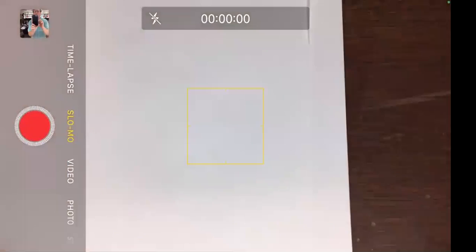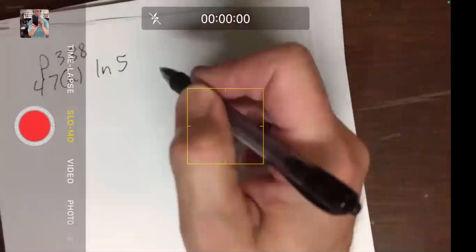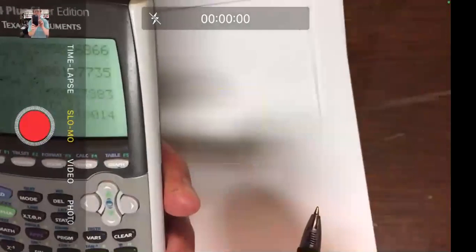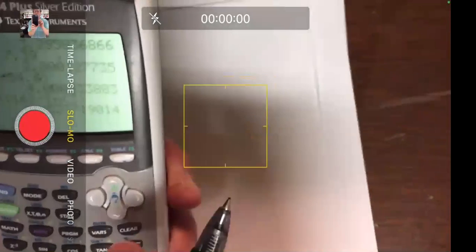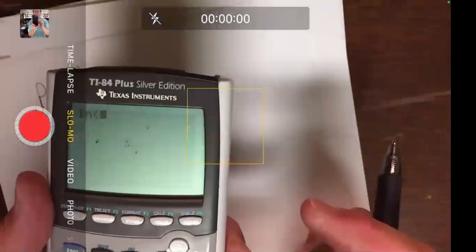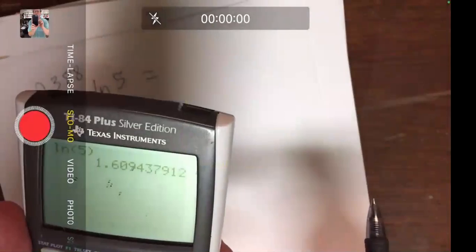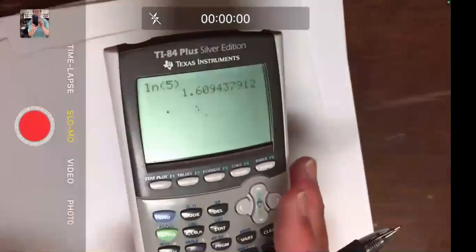So when I go to page 388, 47 part A, LN of 5, they literally want me to punch LN of 5, natural log of 5. You punch it just like it's written. 1.6094. Sometimes they give you the number of places.